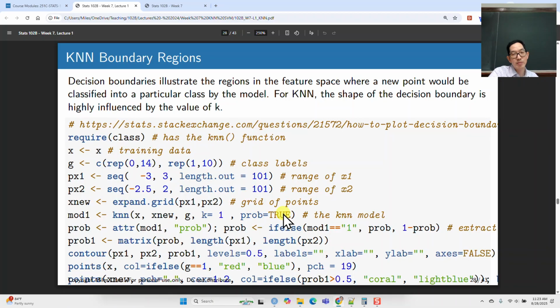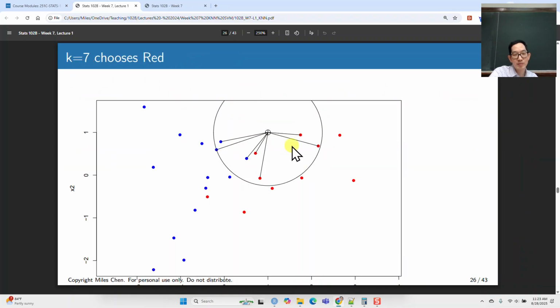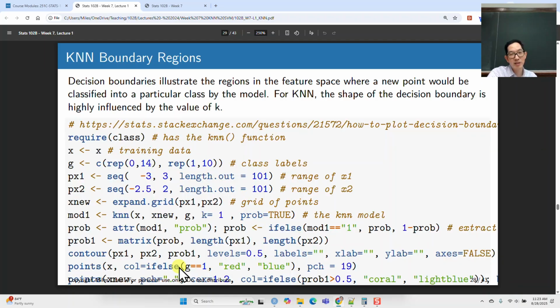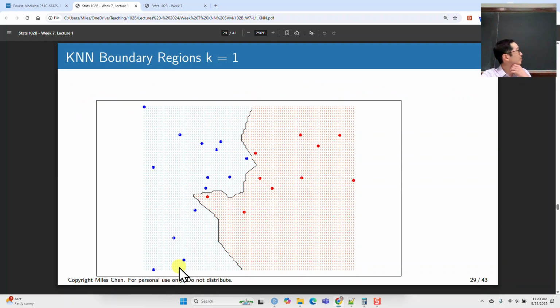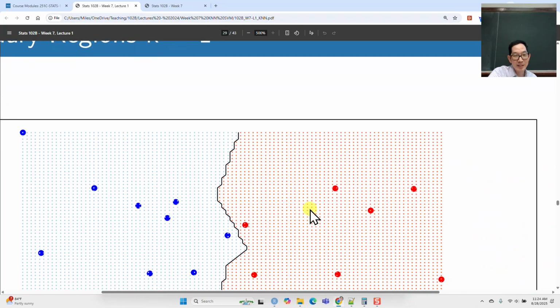All right, here's a bunch of code that I copied from Stack Exchange. In this, I took the same data set. If you look at where the red dots and the blue dots are, these are the same dots. And then what we have here, I don't know if you can see, is this tiny little grid of points.